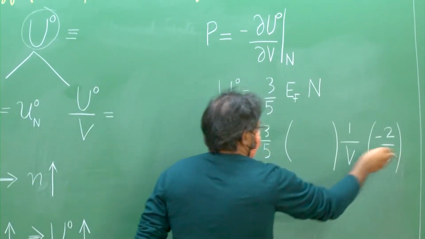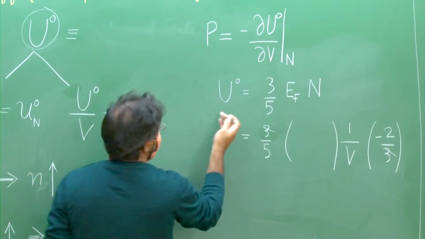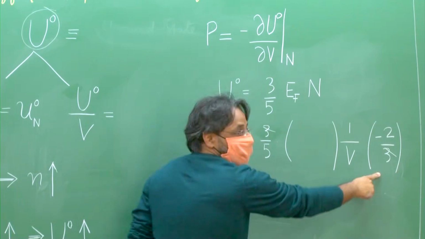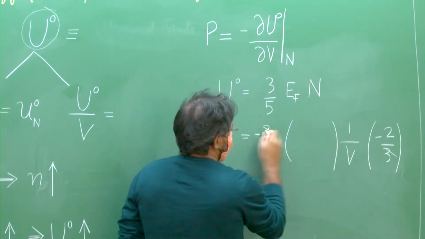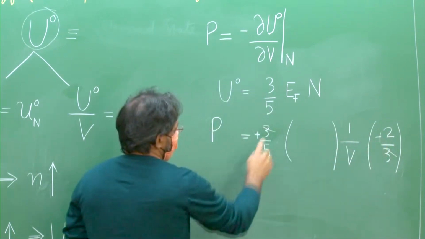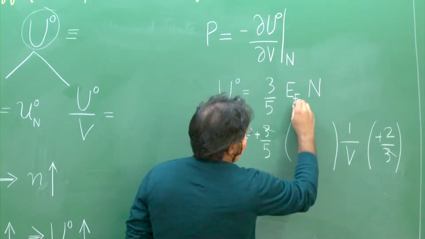So this will get cancelled out with this. Remember, there was a negative sign over here. This is after taking the derivative, by the way. This is the pressure. I have already taken the derivative. There was a minus sign over here, so this minus will become plus. 3 and 3 will get cancelled, and this quantity is nothing but EF back.